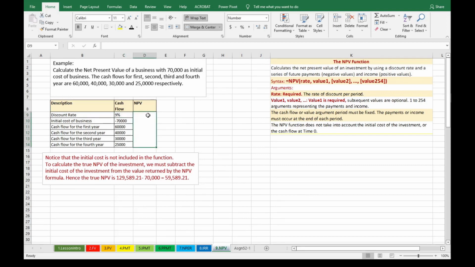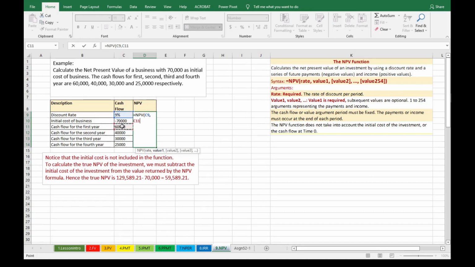So we'll start by putting the equal to sign, NPV, parenthesis, and here we need to give the rate. Rate is the discount rate, which is 9%, then comma. Now we need to put value 1, value 2, etc. We don't have to put the initial cost of business because the function doesn't take that into consideration.